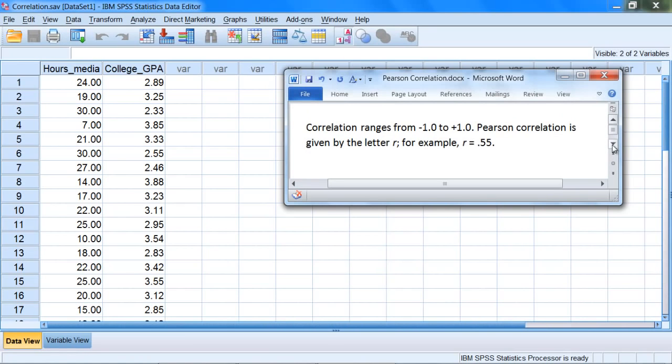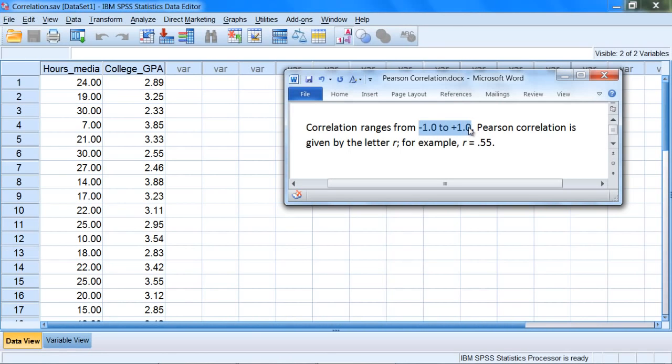A correlation ranges from -1.0 to +1.0. And Pearson correlation is given by the letter r. As an example, you might see something reported like r equals 0.55. Notice that this value of 0.55 is in the range from -1 to +1.